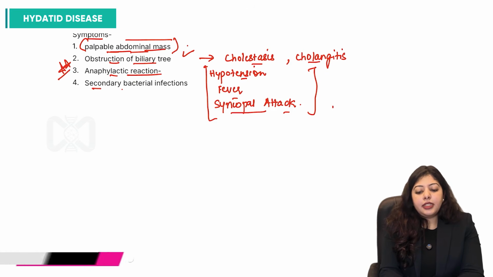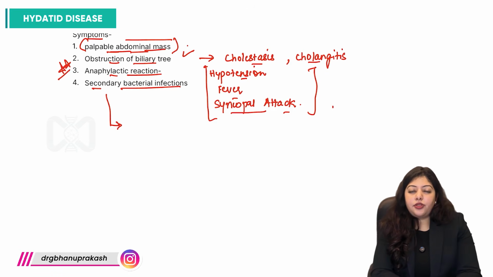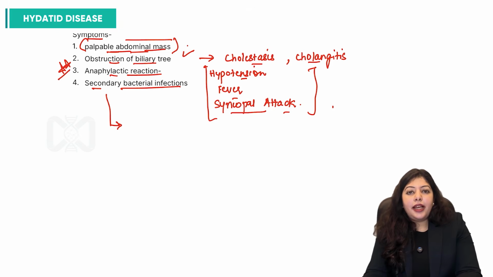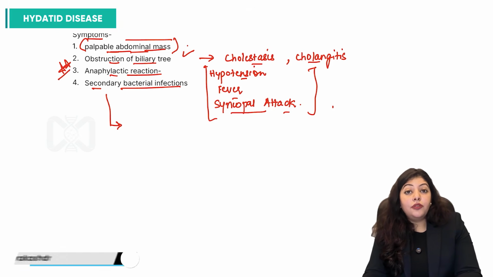And lastly, secondary bacterial infection. A foreign body or a foreign structure developed from a parasite is lying inside the body, right? If it lies for a really long time, it acts as a nidus for the growth of new bacteria. So bacteria get food out of it.